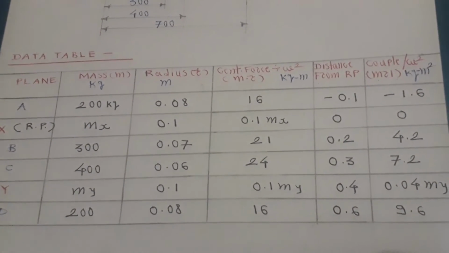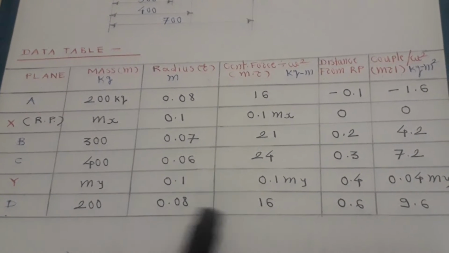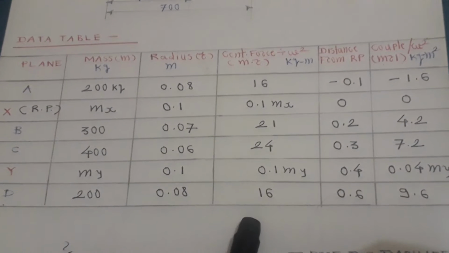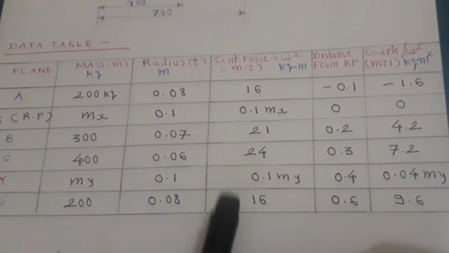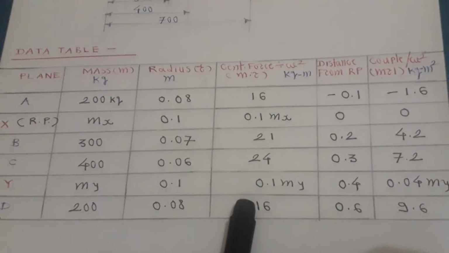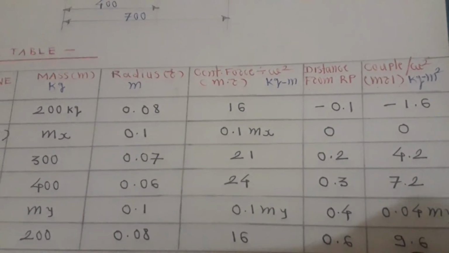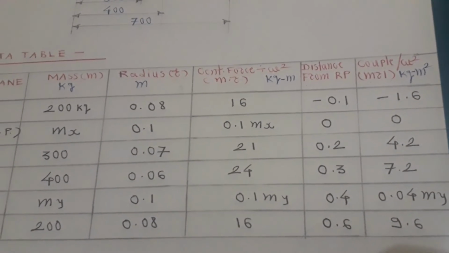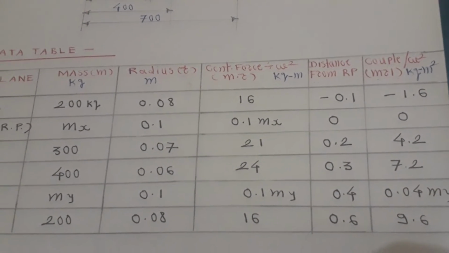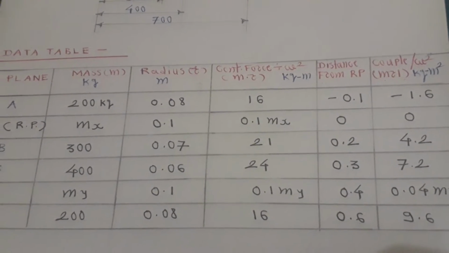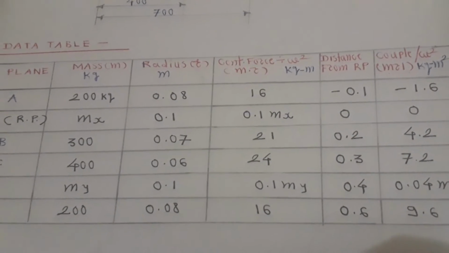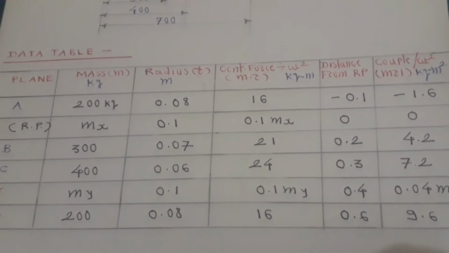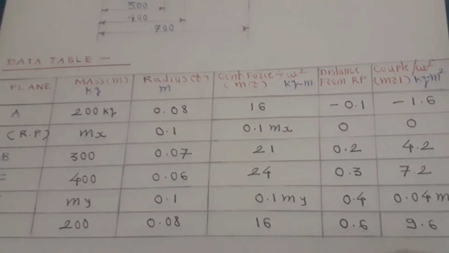So all the data we have tabulated in this particular form. Here one column we have derived is in terms of the centrifugal force, and one column is in terms of the couple. Whenever I have to consider the balancing of these masses in several planes, I have to consider that the forces in the reference plane must be balanced.